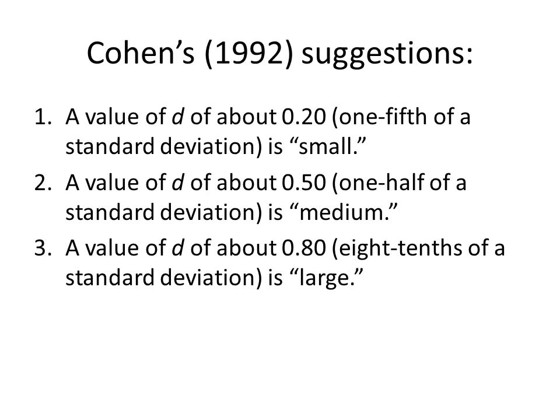And a value of d of about 0.8, or 0.8 of a standard deviation, is large. Now, remember, for most practical purposes, 3.00 or negative 3.00 are the maximum values of d.